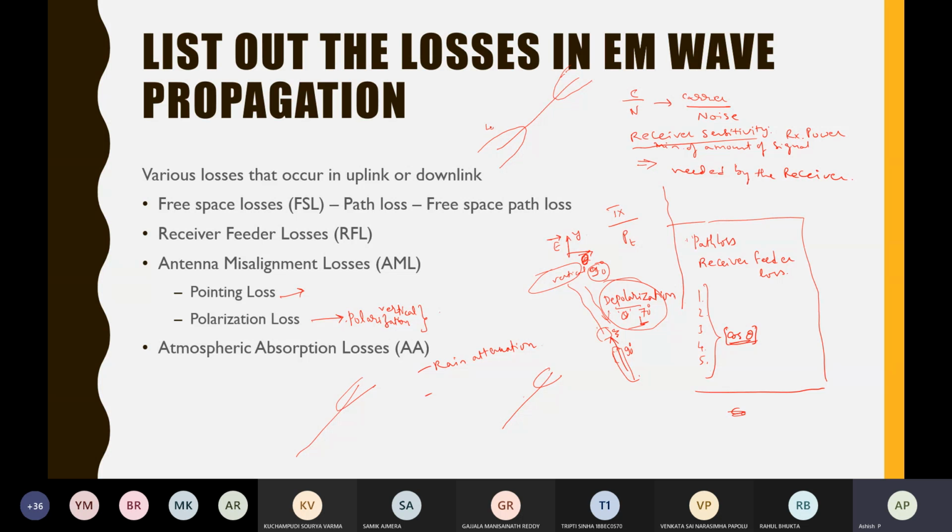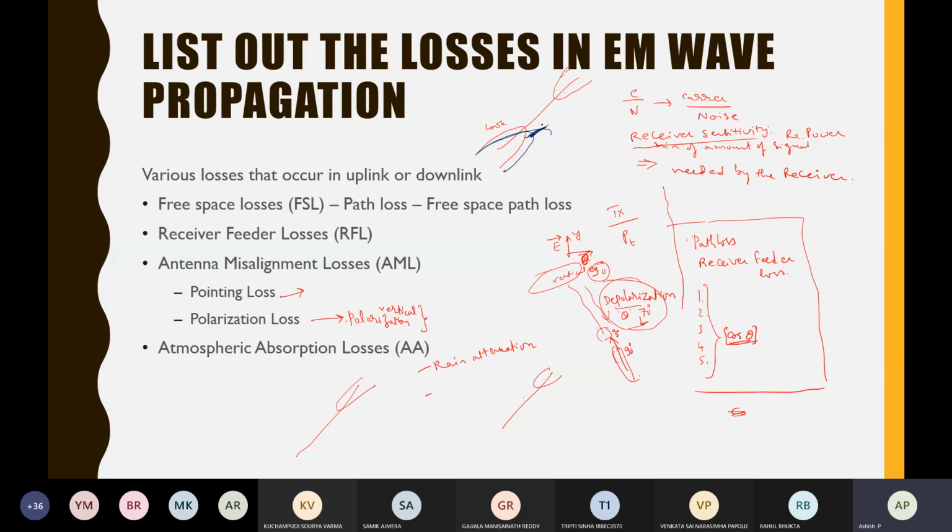So this is the look angle. Otherwise, sometimes this misalignment may happen. Like if the main beam of the satellite is coming in this direction and this earth station antenna is oriented in that direction.